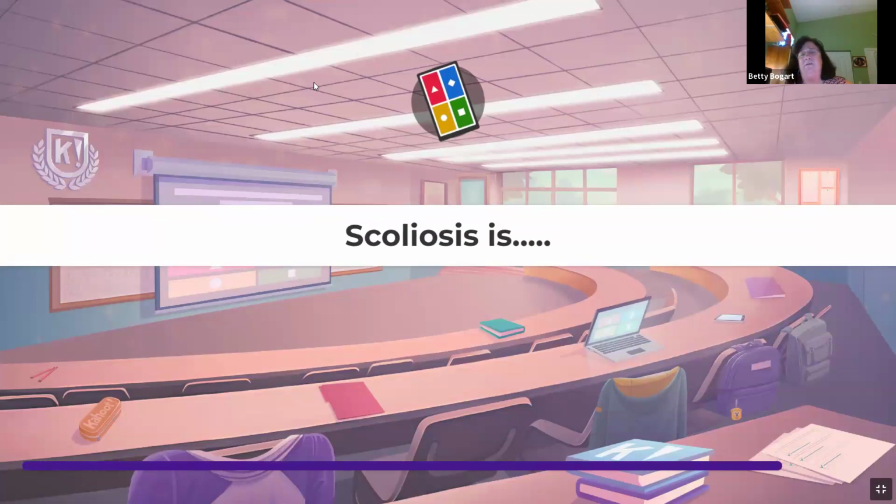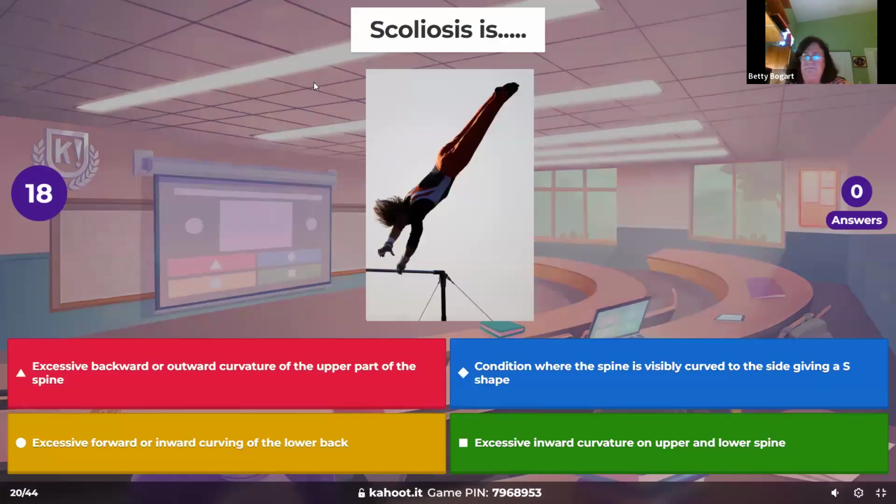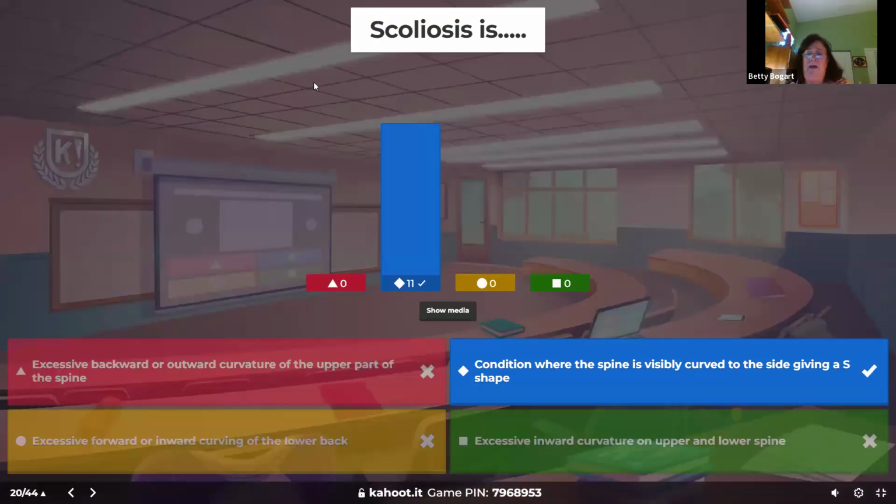Scoliosis is what? And that's the S-shaped curvature on it.